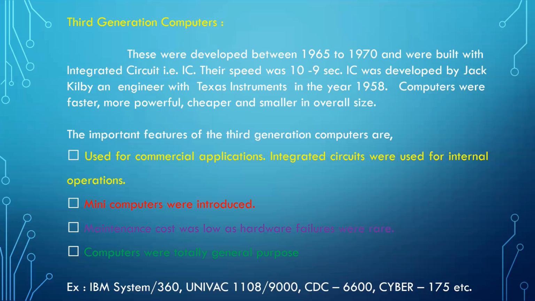Due to that, mini computers were introduced, and the overall maintenance cost of these computers was reduced because of rare hardware failures in third generation computers. And basically these are used for commercial application purposes. These are all the features of third generation computers.